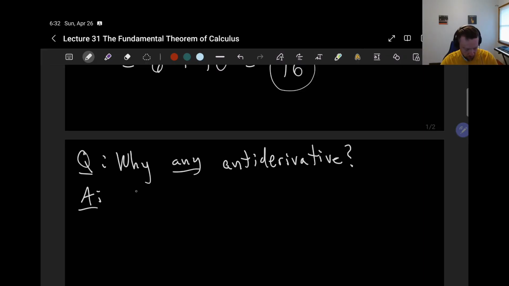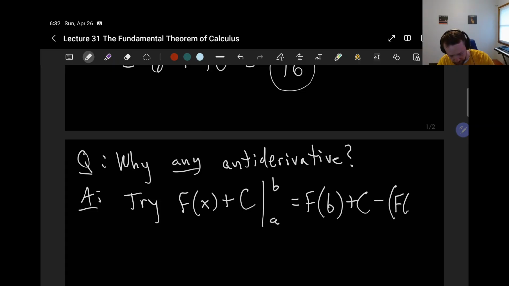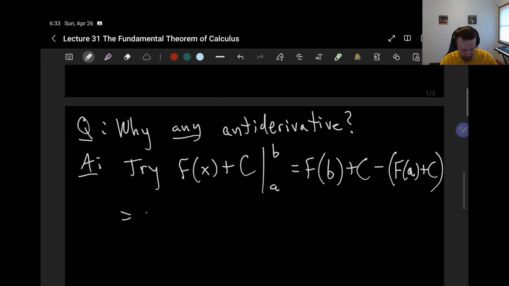And for the answer, well, let's see what happens when we take capital F of x plus c and evaluate at that difference. So I would get F of b plus c minus the whole F of a plus c. Let's distribute that negative.